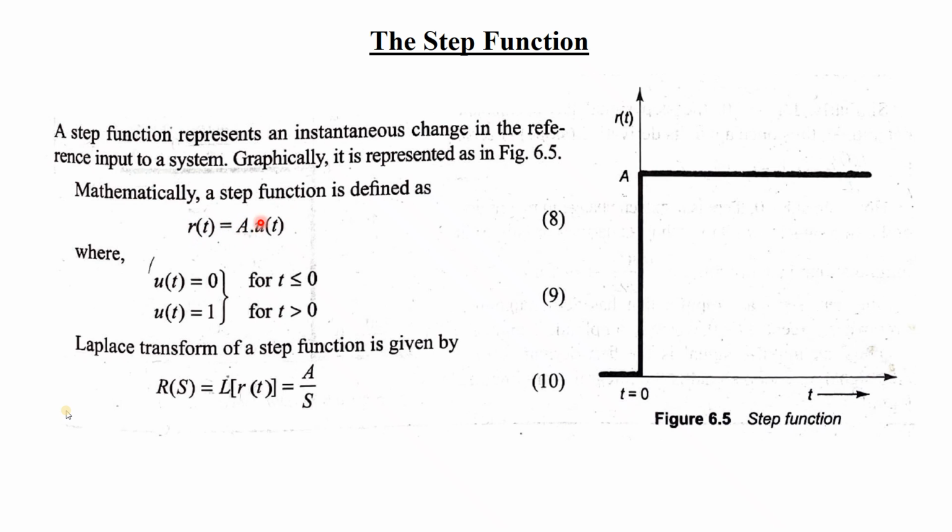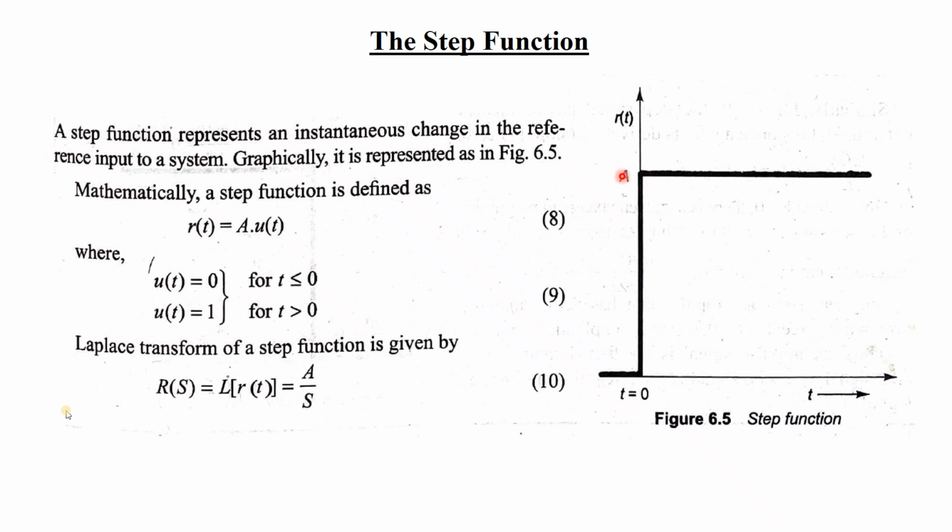It is represented like this: r(t), the input function with respect to time, equals A u(t). u(t) is the representation of the step function. A is the amplitude. If A is 1, then we call it the unit step function.